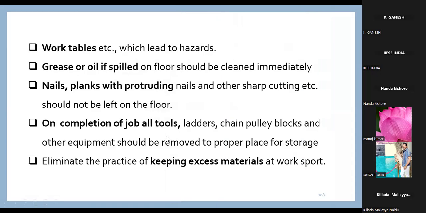Then grease and oil on the floor should be cleaned immediately. Spill is very much a concern in oil and gas industries. In the construction industry, nails are one of the biggest causes of injuries.